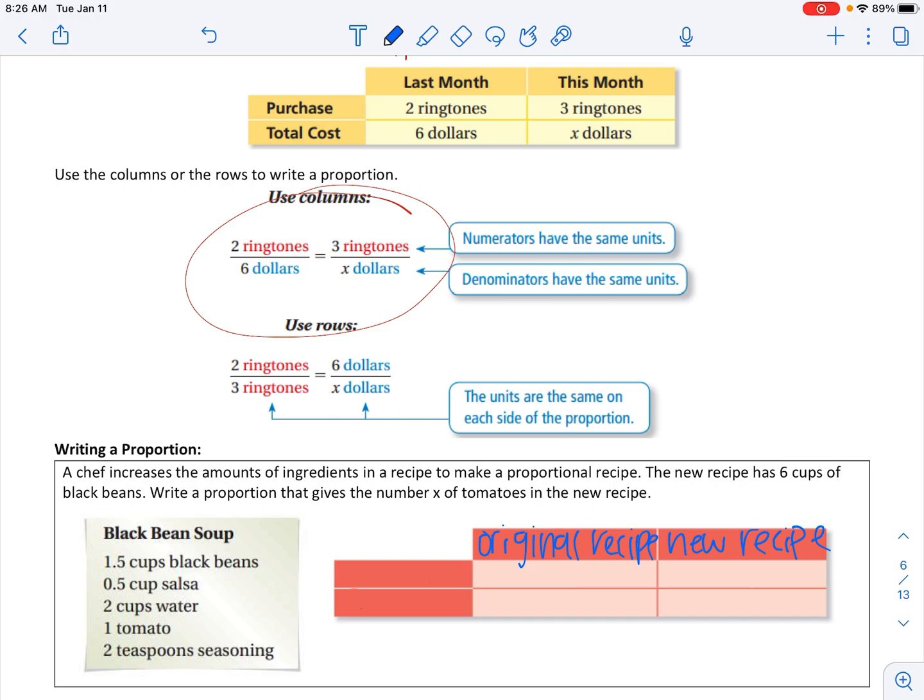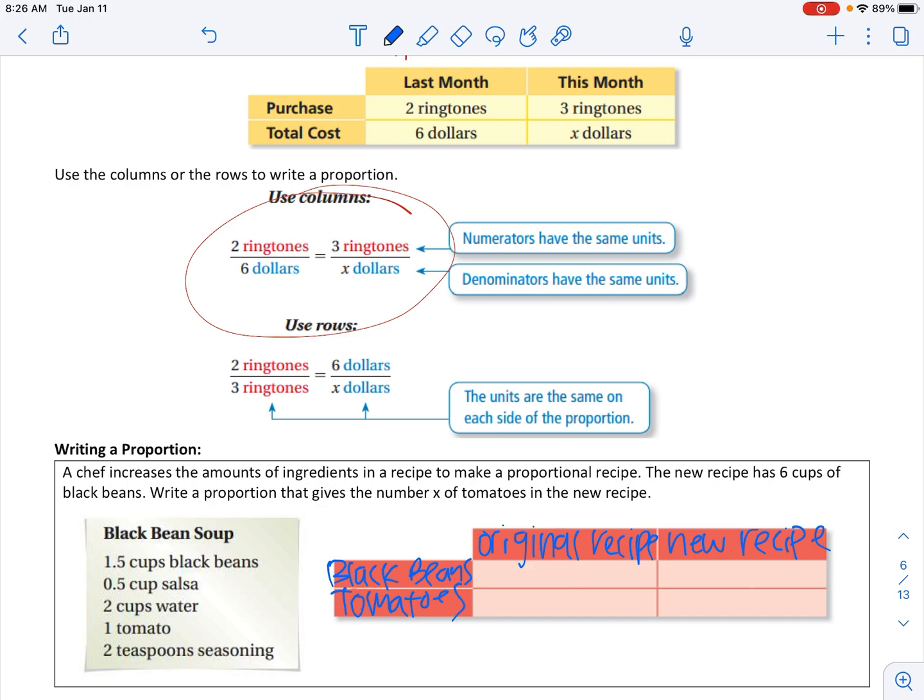And then it says the new recipe has 6 cups of black beans. Write a proportion that gives the number X of tomatoes in the new recipe. And so now we need black beans and tomatoes.